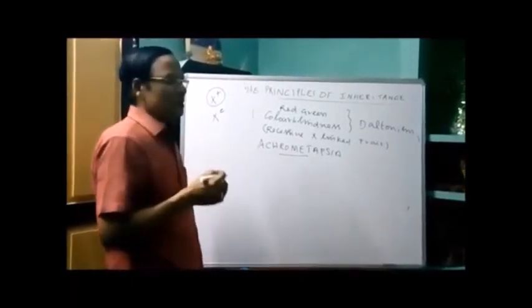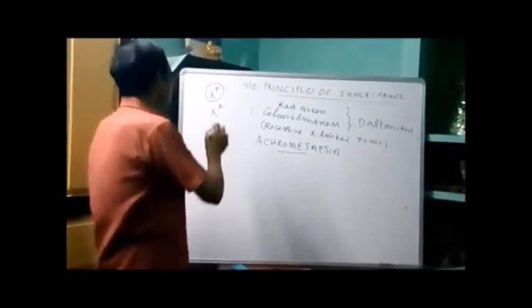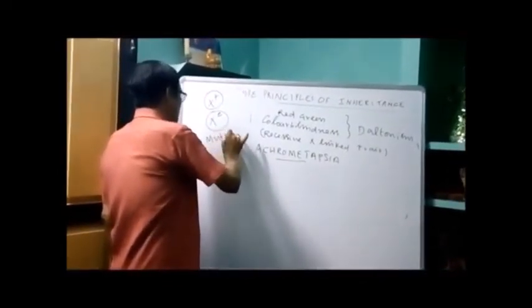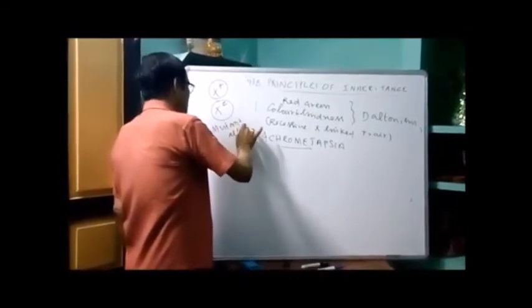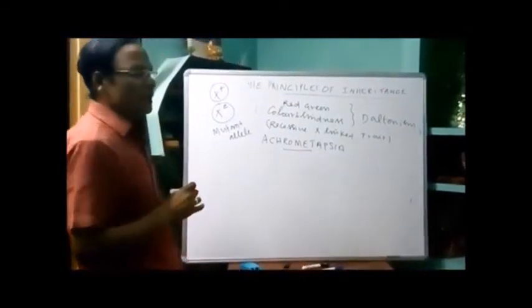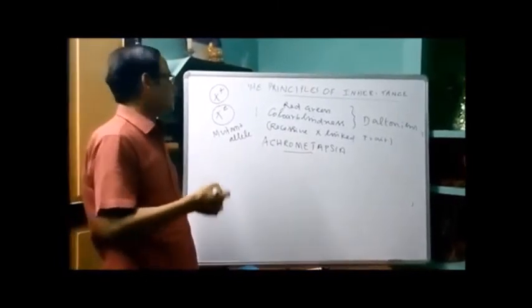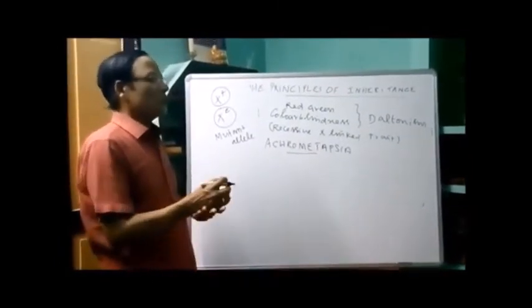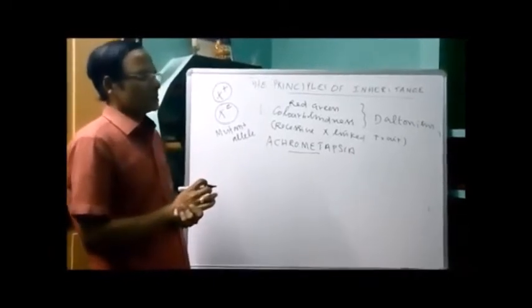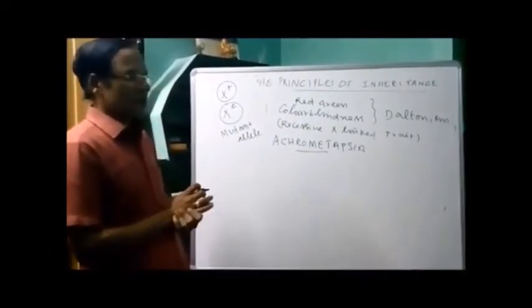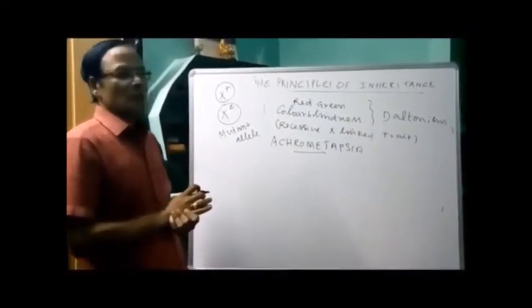When a particular gene is mutated, it becomes a mutant allele or recessive gene. The mutant allele is unable to produce the pigment either for red or for green or for blue. So, people are colorblind to different colors. If they have the dominant gene, they can see all the major colors, red, green and blue.